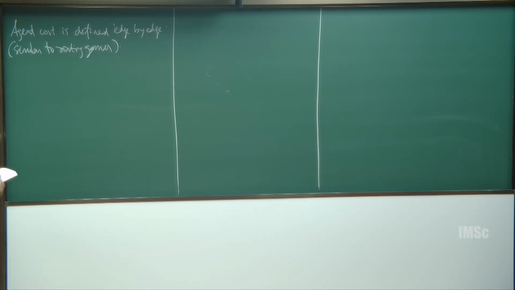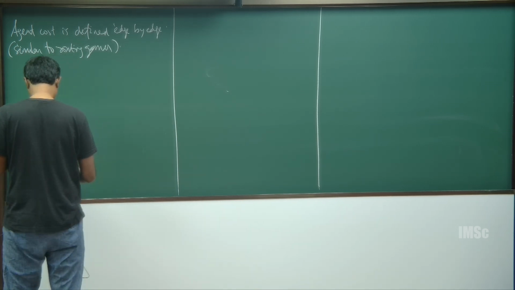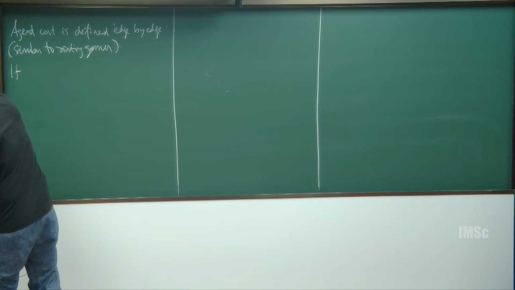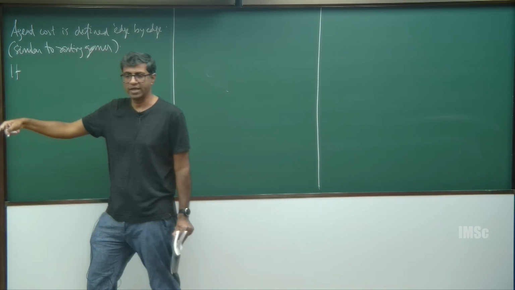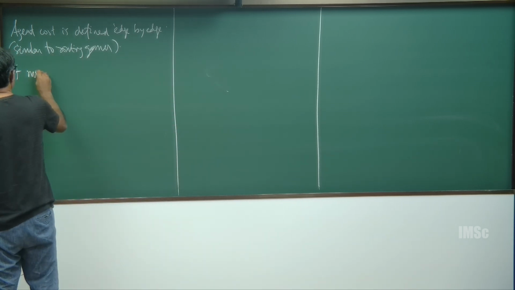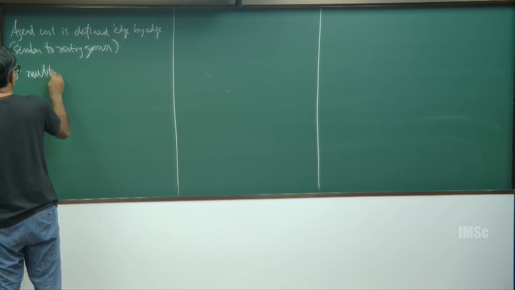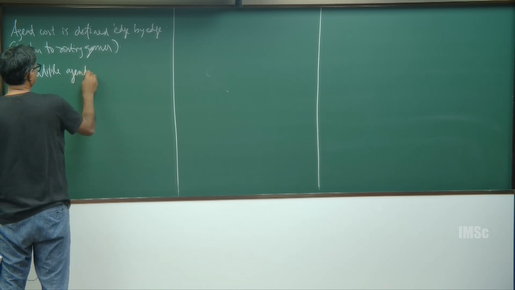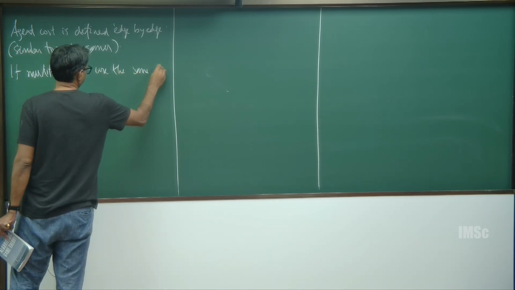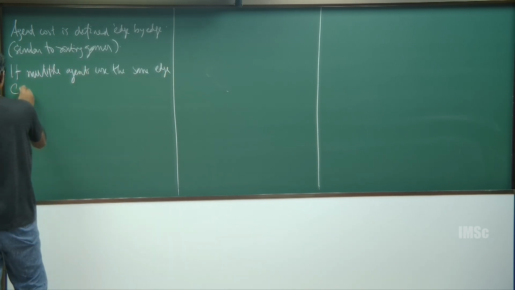And now the point is, just to make this example a bit more cohesive, if multiple agents use the same edge e, then what should they do?